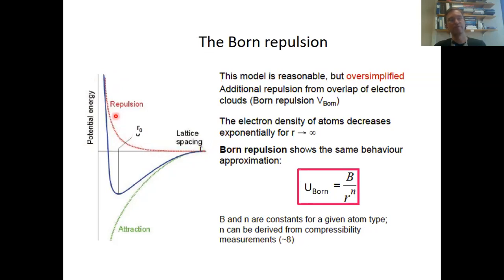When the distance is extremely small, there's very strong repulsion, and as the distance increases, the repulsion approaches 0. For the attraction, we see here this green curve. The addition of attraction and repulsion then gives the blue curve. The blue curve has a minimum, and the minimum represents the equilibrium distance between the cation and the anion within the crystal structure.